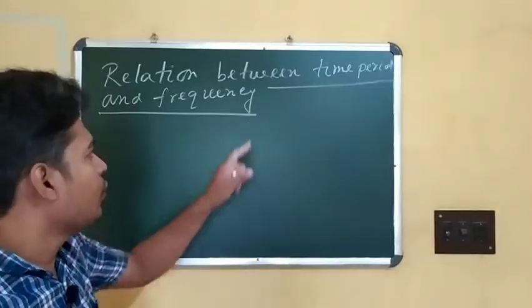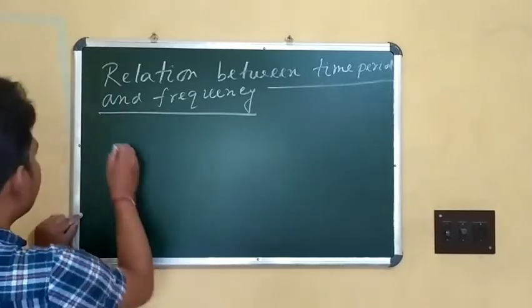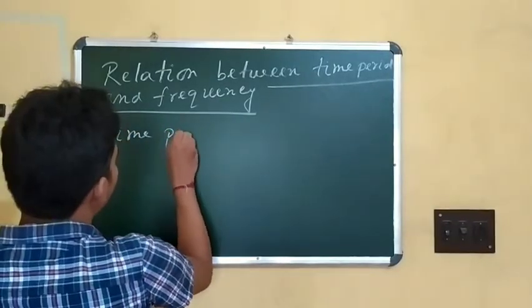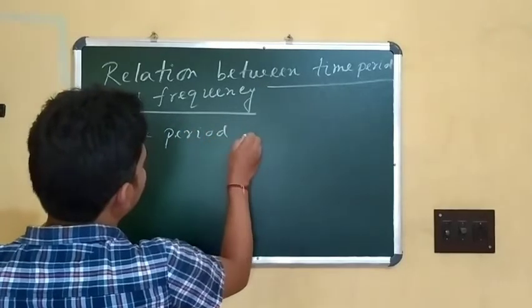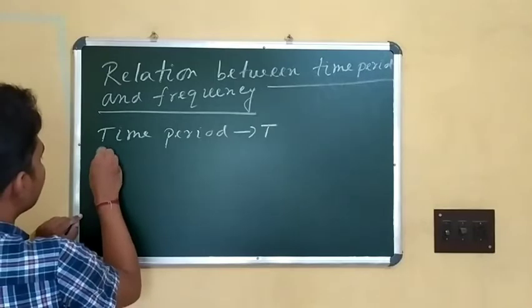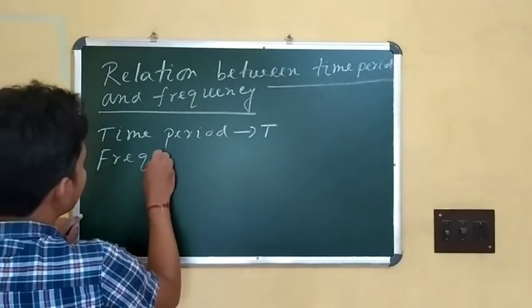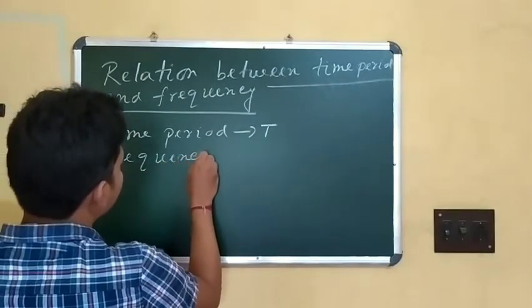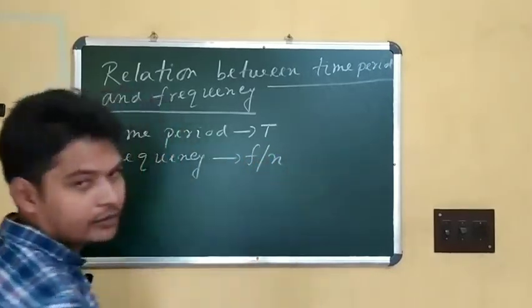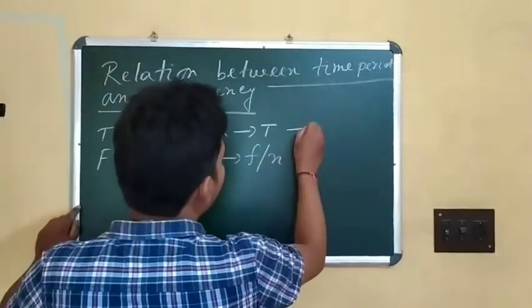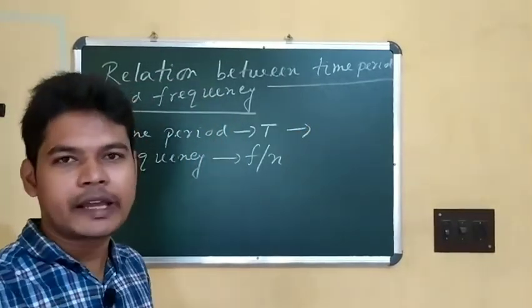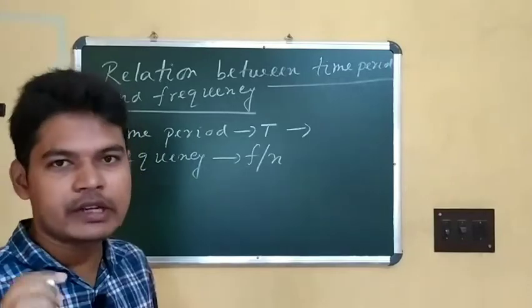Okay, we denote the time period by T and frequency by small f or small n. The unit of time period is the usual unit of time, that is second. The basic unit is second.